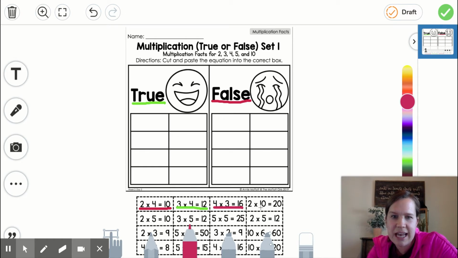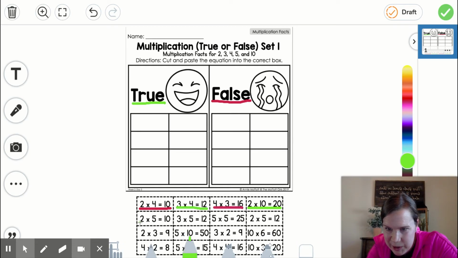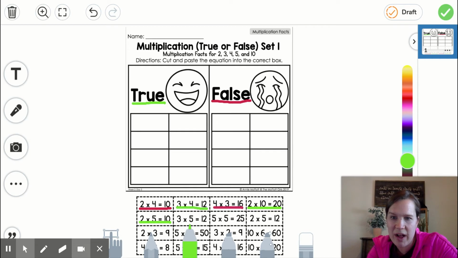All right, we're going to keep going. 2 times 10 equals 20. That's true. Let's just keep going down the line. 2 times 5 equals 10. That's true. 3 times 5 equals 12. Nope. 3 times 5, if I held 3 up and I skip count by 5: 5, 10, 15. 3 times 5 is really 15.